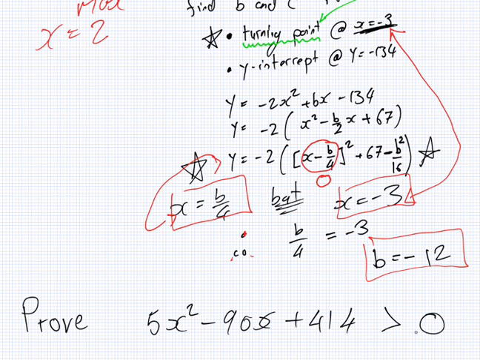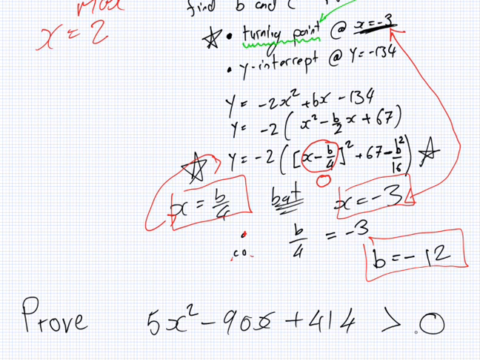If you pick any number for x, I know that this will always be positive. So let's try something simple. If I put x as 0, what do I get? 414. Is that positive? Yes. I know for every value of x, this will always be positive.